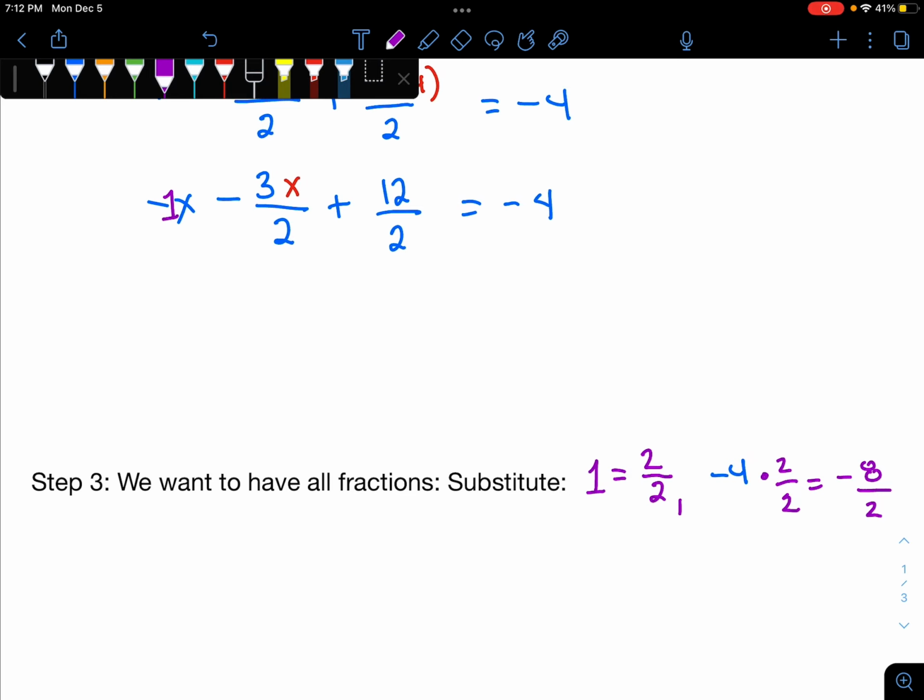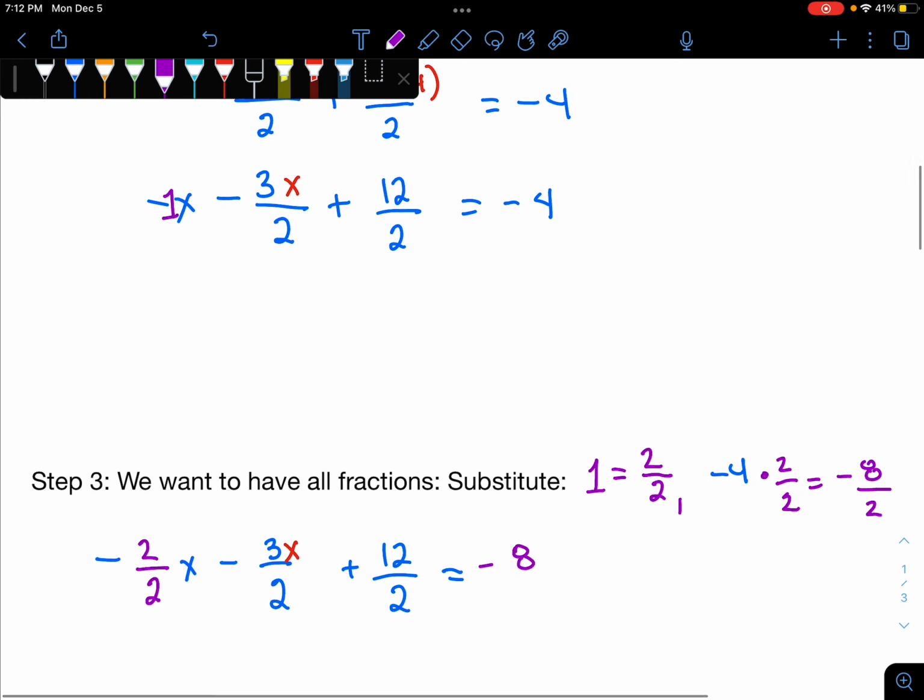Now I'm going to substitute it in. So we're going to start with negative 2 over 2 x minus 3 over 2. So make sure you don't forget the x, plus 12 over 2 equals negative 8 over 2.